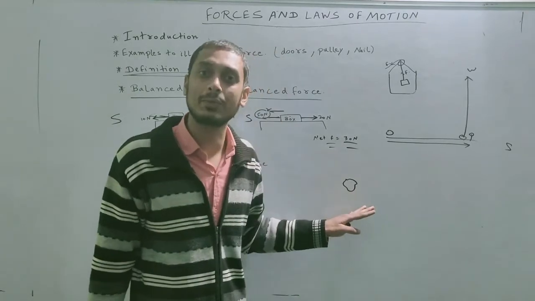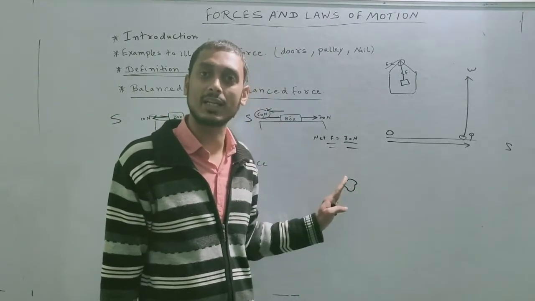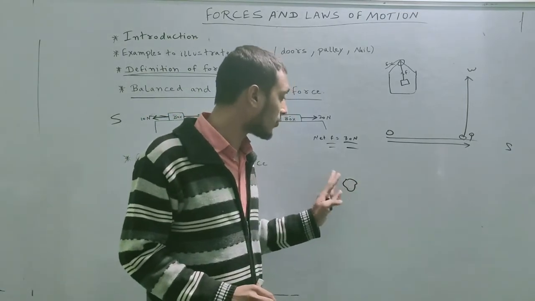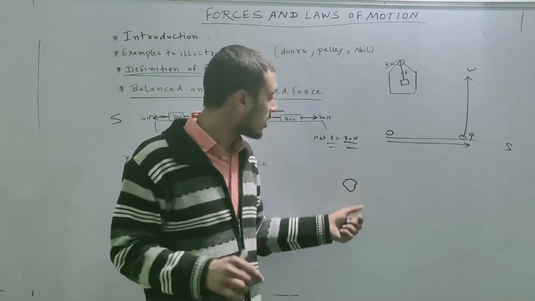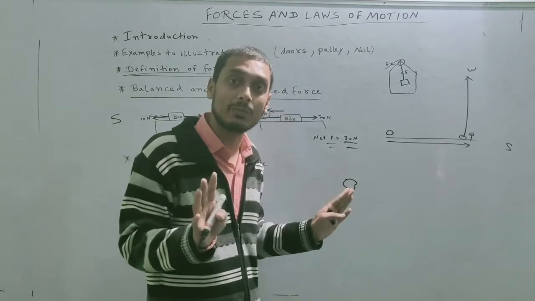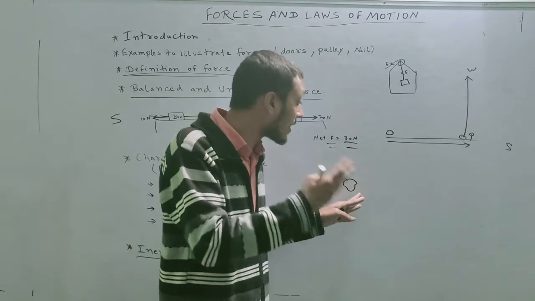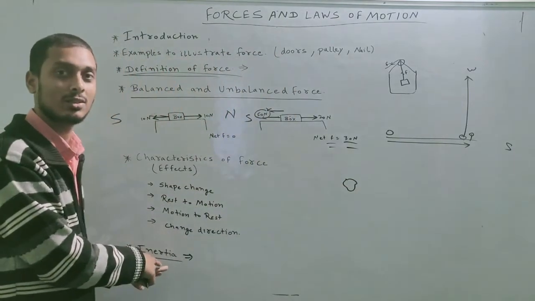From this example, we conclude that to change the state of the body, force is required. In the reverse way, we can say the body is unable to change its state automatically by itself. This is only inertia. Have you understood?